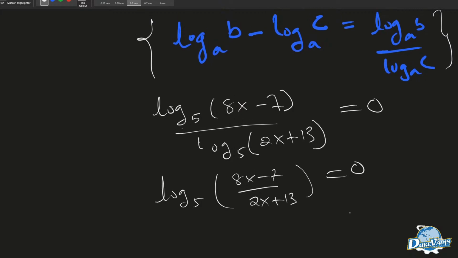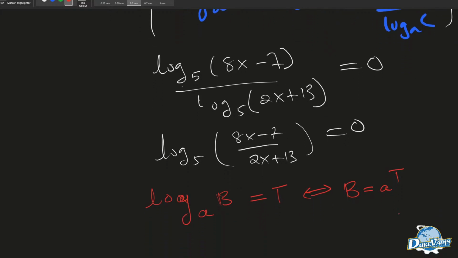Have you seen that? Now, since the base is 5 over here, when we get rid of that, we are going to apply one more principle, or rule of logarithm: if you have log to the base a of b is equal to t, this is the same as saying that b is equal to a raised to the power t.